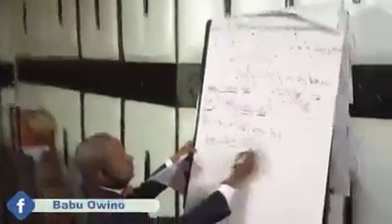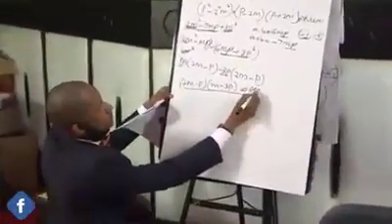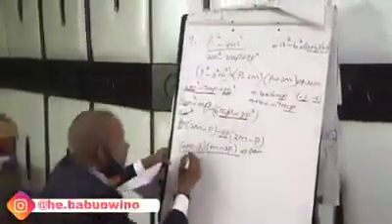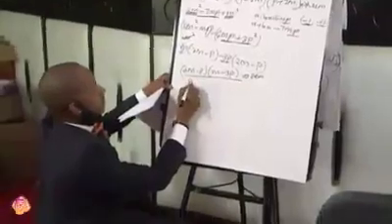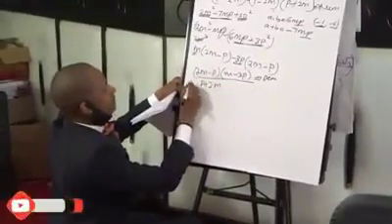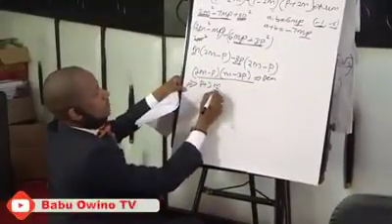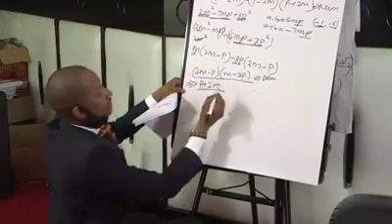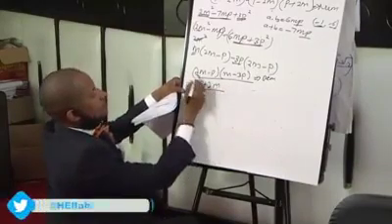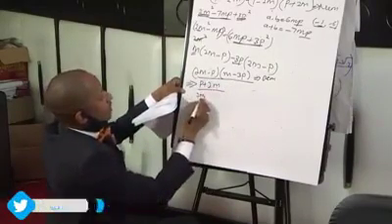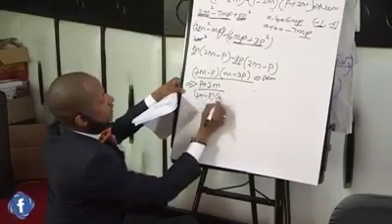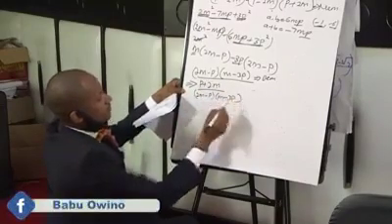This is the denominator. Remember our numerator is p plus 2m, p plus 2m, divided by our denominator, 2m minus p into m minus 3p.